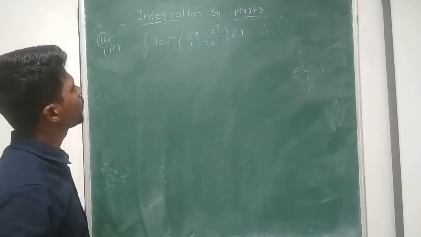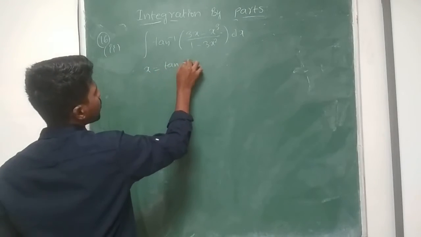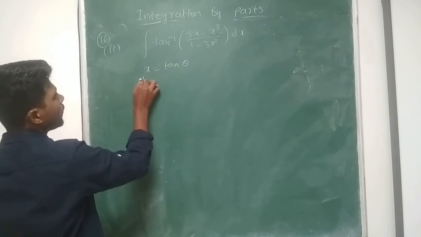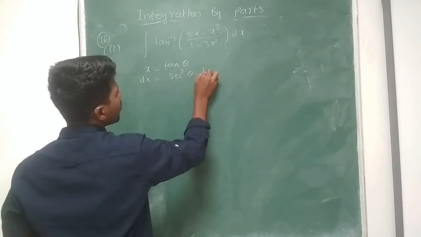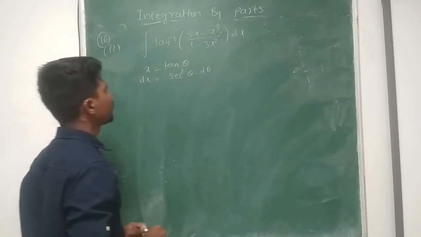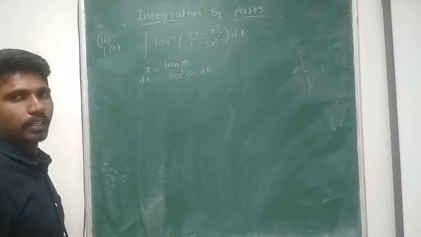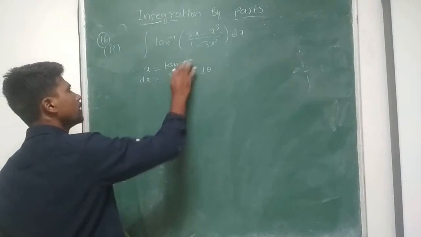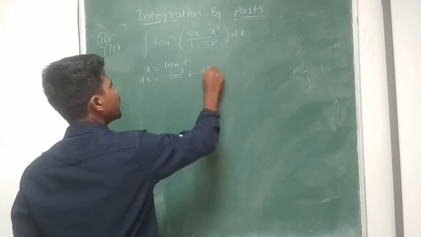If I put x is equal to tan theta, dx will be equal to secant square theta d theta. If you are not comfortable with theta, we can go for t: secant square t dt.